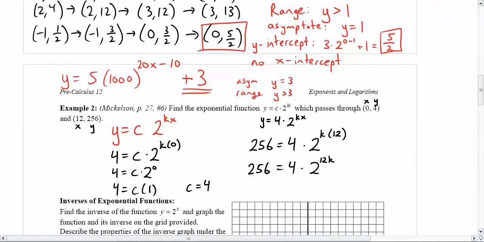We can divide both sides by 4. 256 is 2 to the power of 8. 4 is 2 to the power of 2. So 256 divided by 4 is going to be 2 to the power of 6, which is 64. So 64 equals 2 to the 12k.